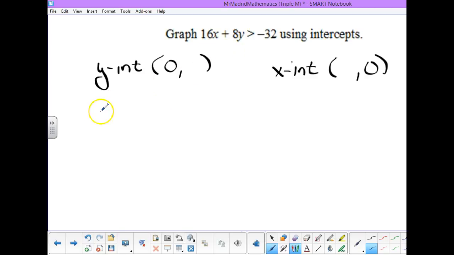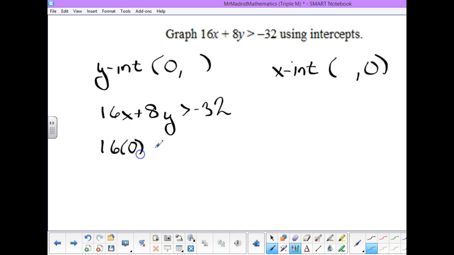So now I'll simply take the inequality 16x plus 8y is greater than negative 32. And what I'm going to do here is, because I am looking for the y value, I do know that x is 0, which will give me the y-intercept. So let's go and do that. 16 times 0 plus 8y is greater than negative 32.